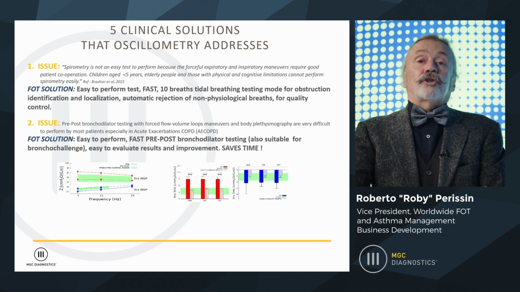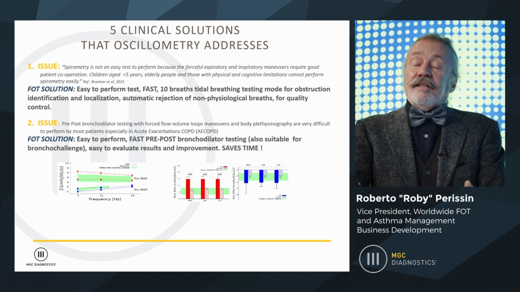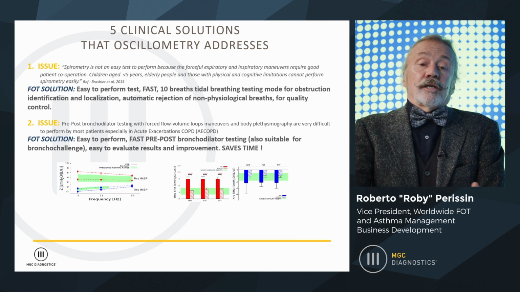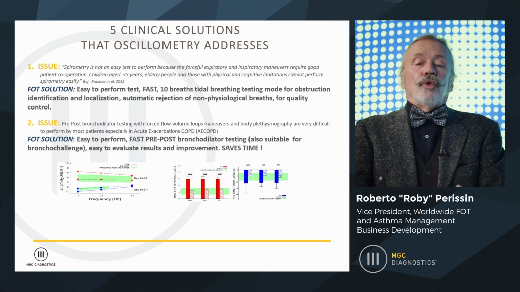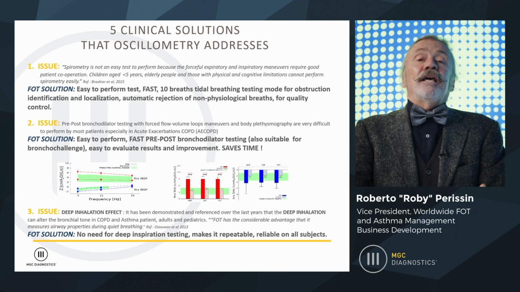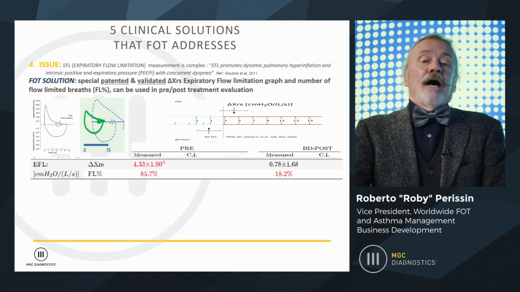The pre and post treatment test, again, is very difficult to perform for many patients, especially COPD patients or children, and we can now do a fast, easy to perform pre and post bronchodilation test, which will also save a lot of time. The deep inhalation effect that we discussed earlier has no issue with oscillometry.